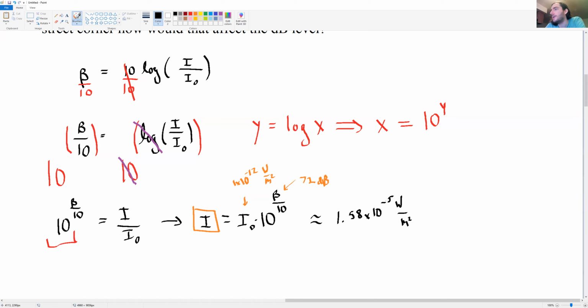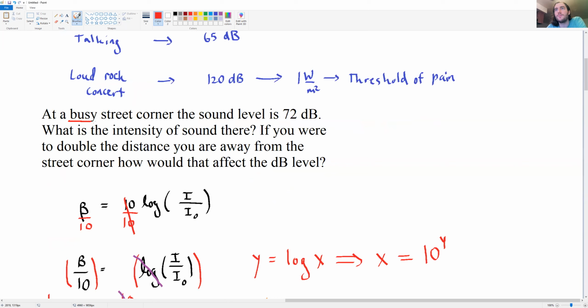Watts per meter squared there. Okay, so with that information, we're able to work on the second part of the question. So this is the answer for the first part here. This is the intensity of the sound at the busy street corner described in the problem statement here.